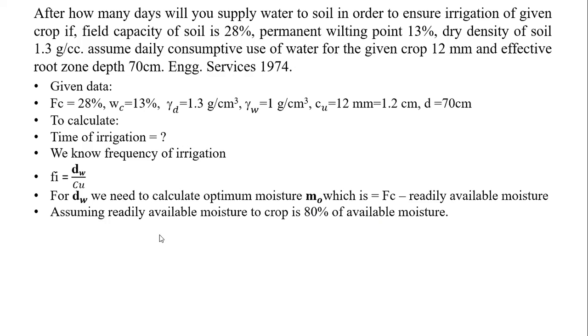We are assuming that. Whatever moisture exists between the field capacity and wilting coefficient, we treat as available moisture.